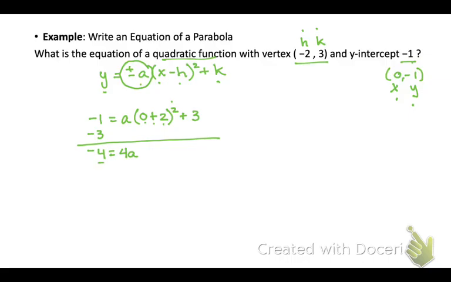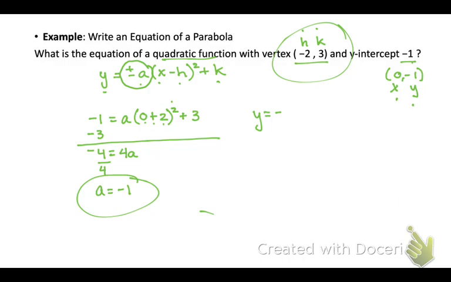Divide by 4, not negative 4. So a is negative 1. So we have a, and we have h and k, so y equals what? Negative 1, and we don't have to put the 1 there, do we? Negative, x plus 2 squared plus 3.